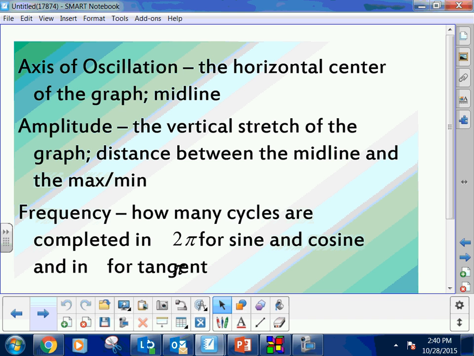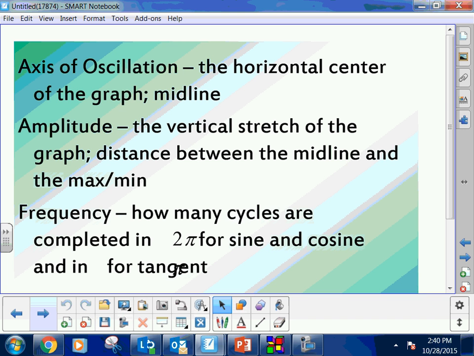Now, if you just use one of the regular trig functions, the default amplitude is the same as the unit circle length. Remember how the unit circle radius was 1? Well, that applies with any of these trig functions.